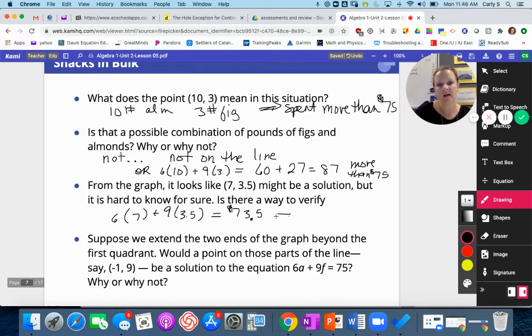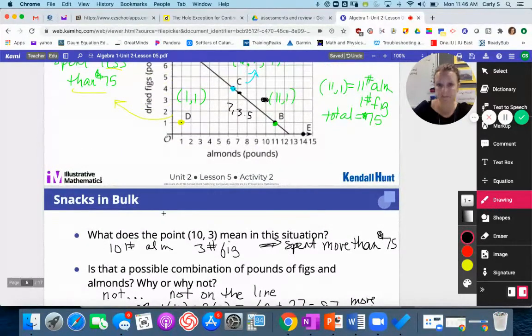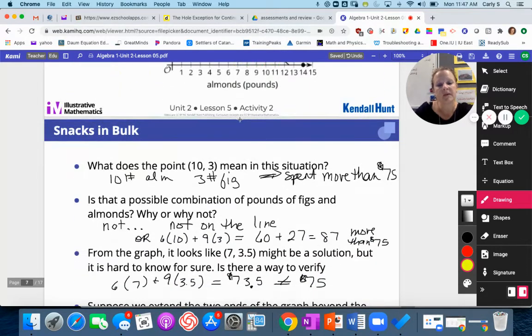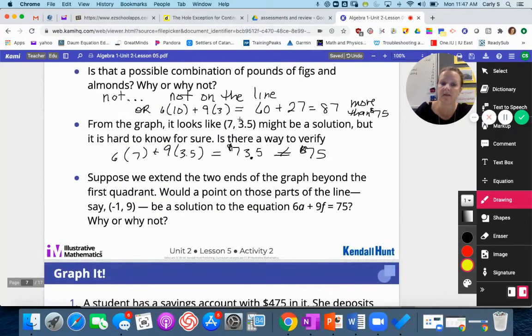So that's not equal to 75. That ordered pair would not be on the line. It would be slightly below the line, because they did not spend the full $75, they spent less than 75.